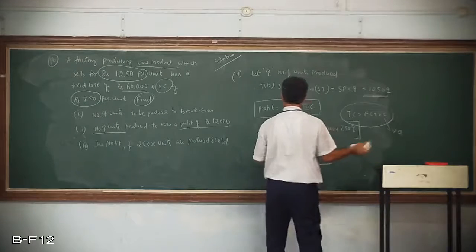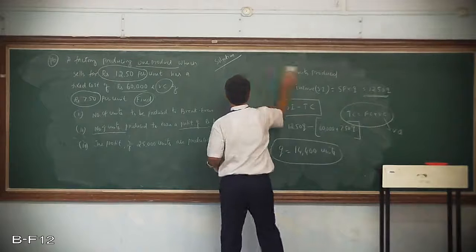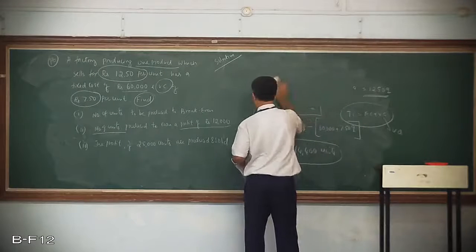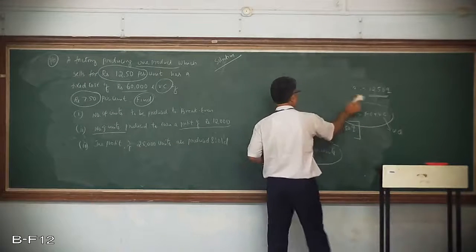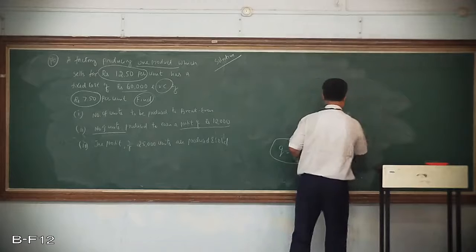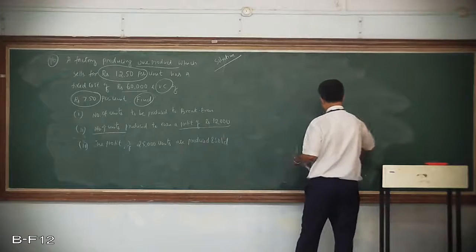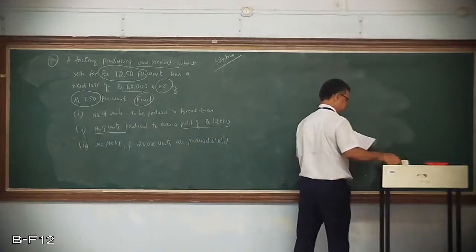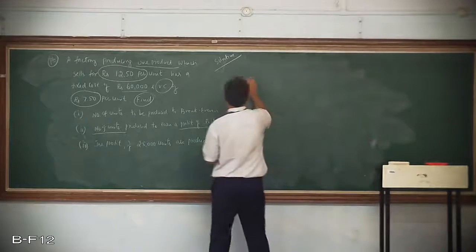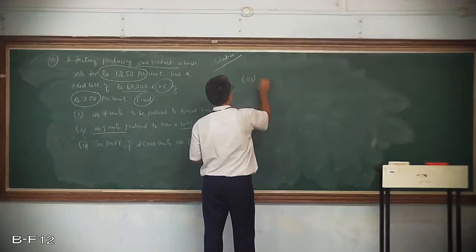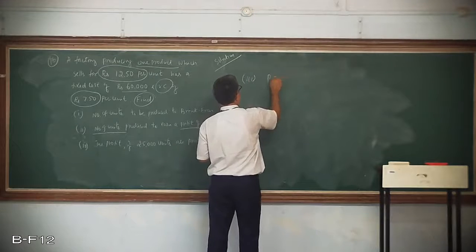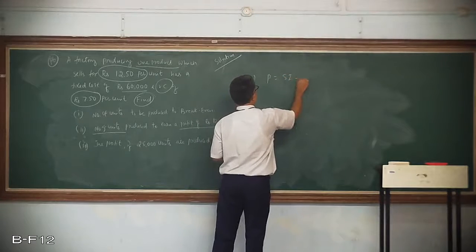Next, third one. You have to find out the total profit for the quantity produced. 25,000 units are produced, so you have to find out the profit. You know it once again: profit is equal to sales income minus total cost.